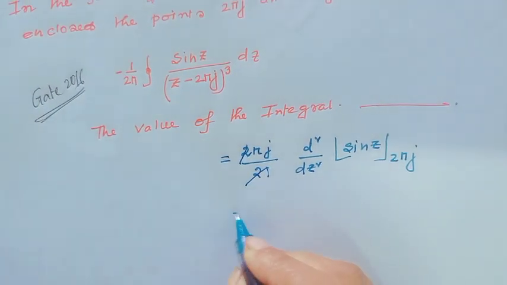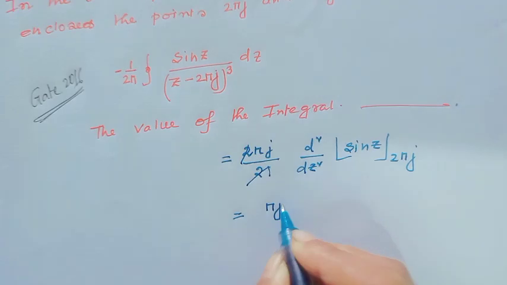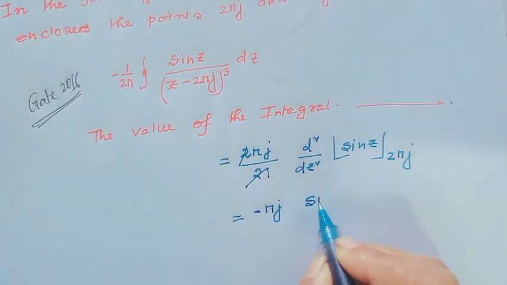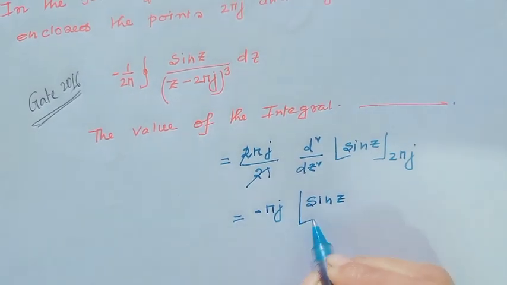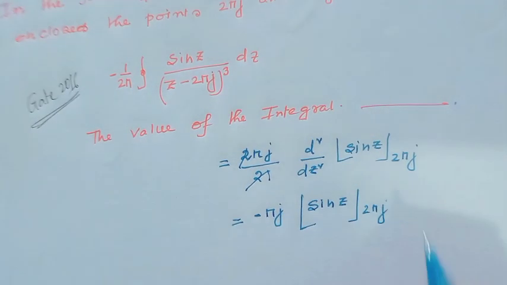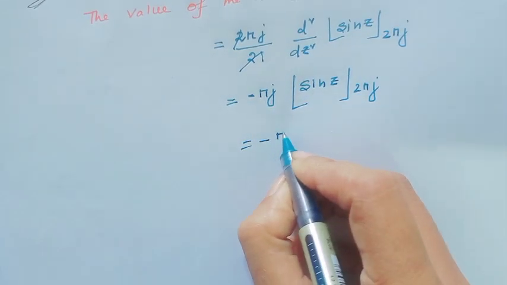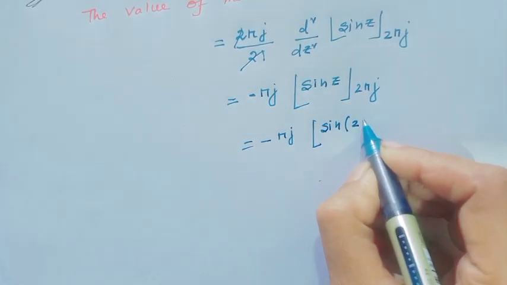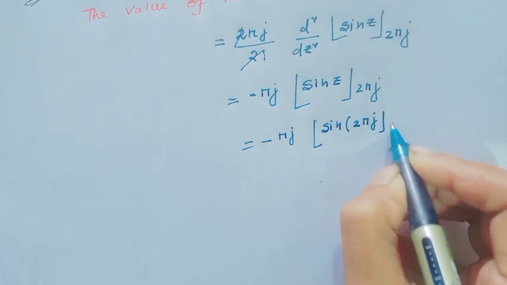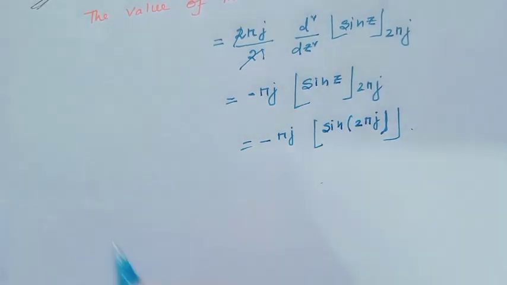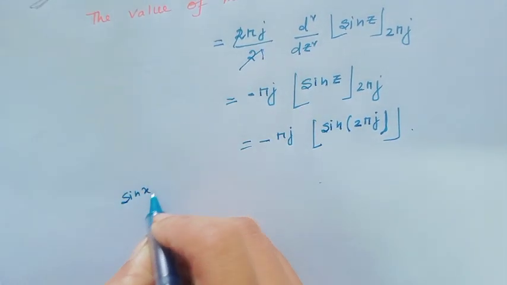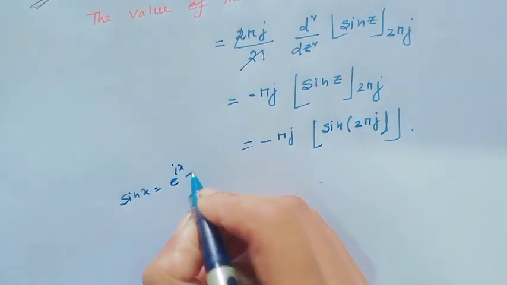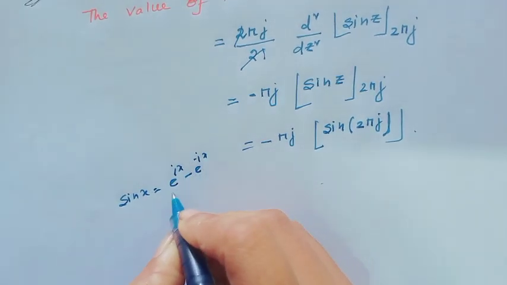Here 2 would be cancelled, this value would be pi, and the derivative of sin z is cos z, then minus sin z, so this value would be minus sin z at the point 2 pi j. So this value is minus pi j sine of 2 pi j, and we all know sin x is e to the power ix minus e to the power minus ix over 2i.